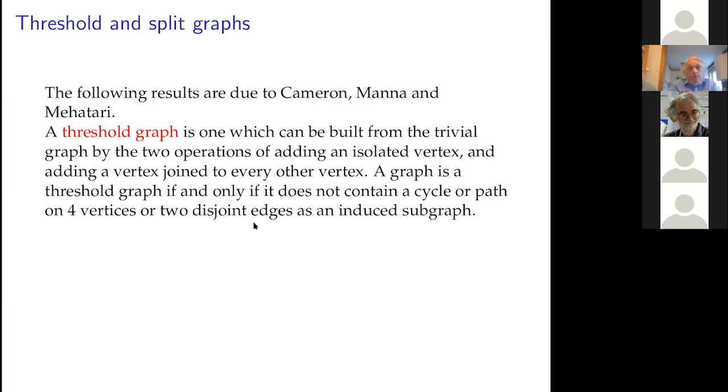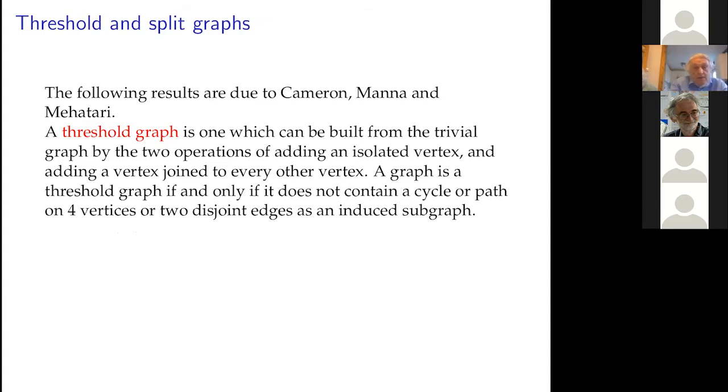And in fact, you can show that a graph is a threshold graph if and only if it does not contain a cycle of length 4 or a path of length 4 or two disjoint edges as an induced subgraph. So that's the induced subgraph characterization. They're particularly simple, so they have very good algorithmic properties. If you want to find out anything about a graph, if it happens to be a threshold graph, there's a very efficient algorithm probably.